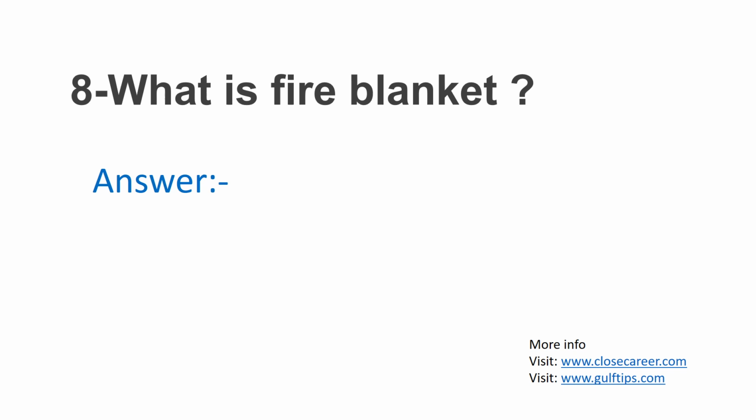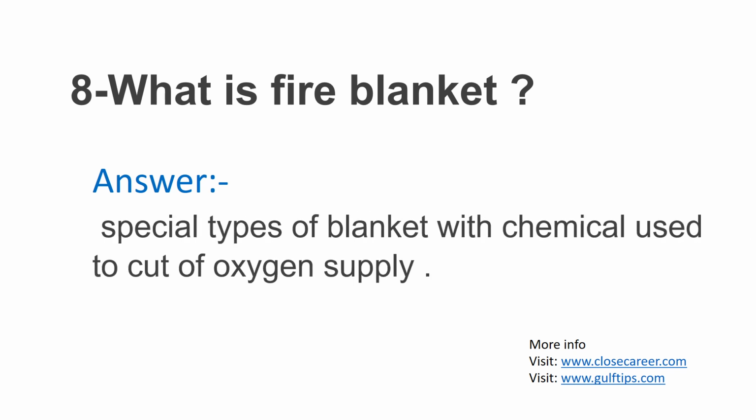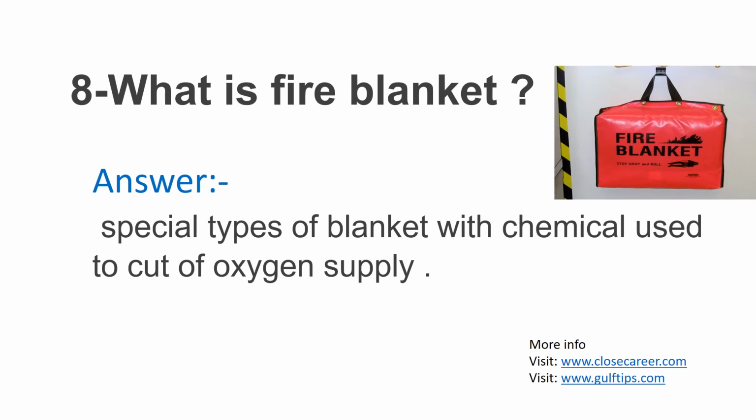Here is the answer. It is a special type of blanket with a chemical, used to cut off the oxygen supply. It is made of special chemical. When we cover the fire, it cuts off the oxygen, then the fire will be put out.